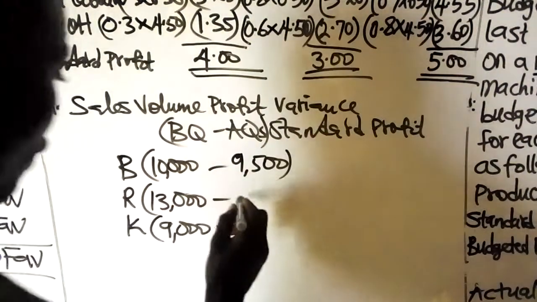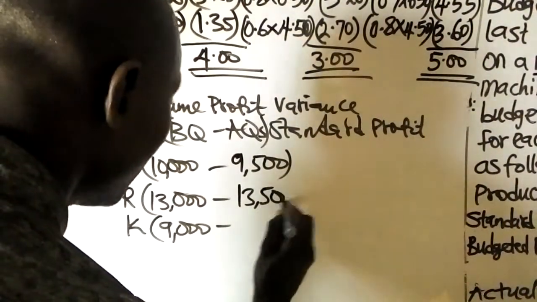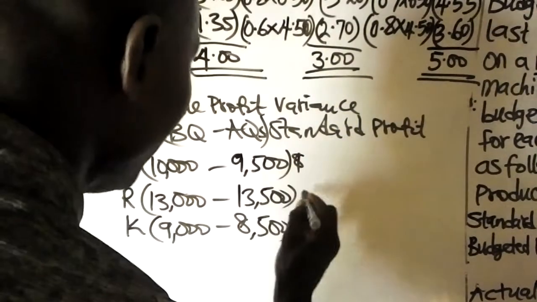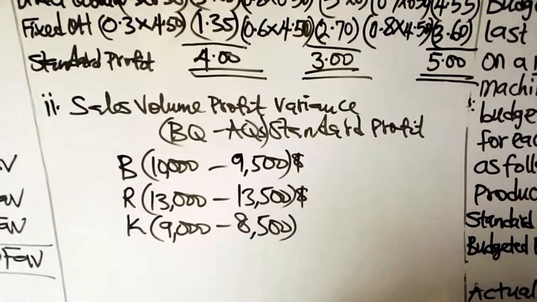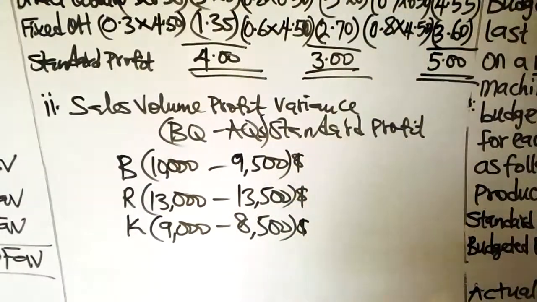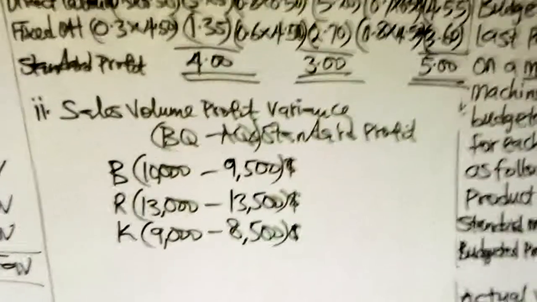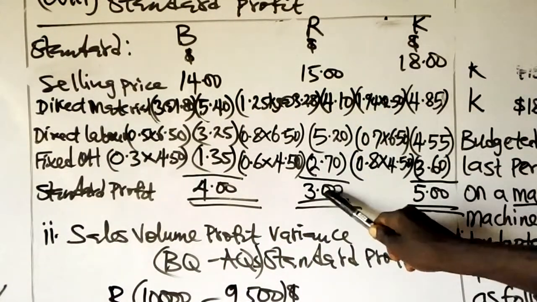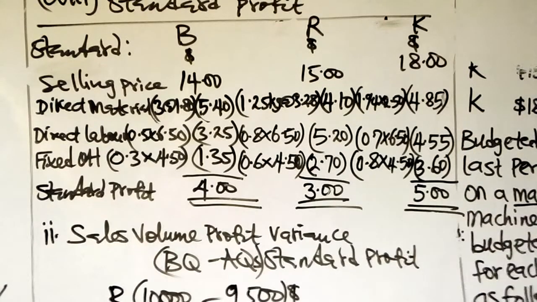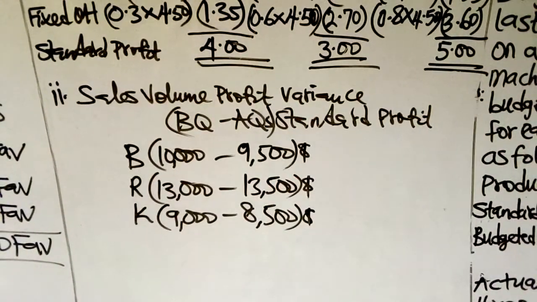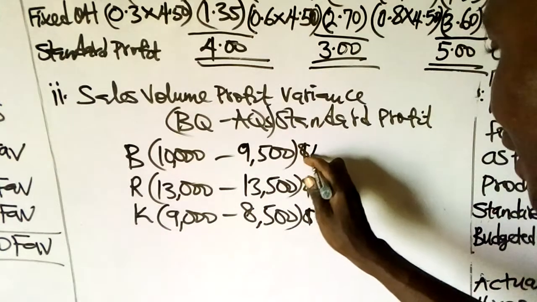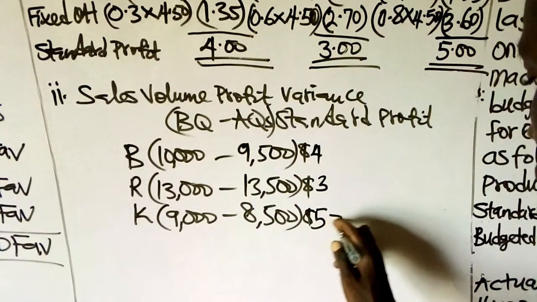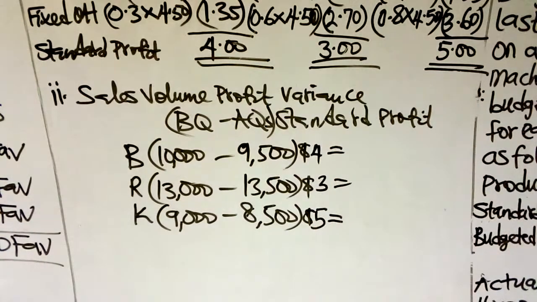Multiplied by the standard profit. Our standard profit has been calculated. Our standard profit for B is $4, then we have $3 and $5 as calculated above.